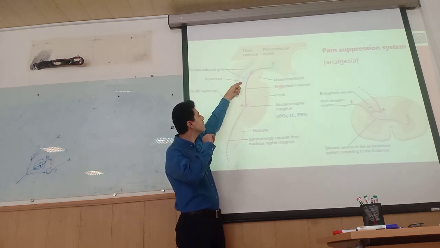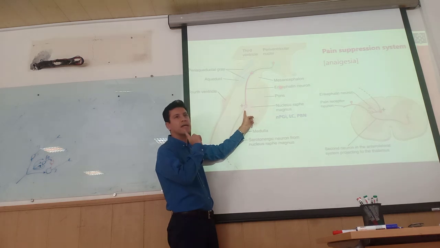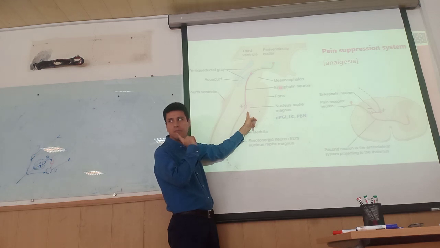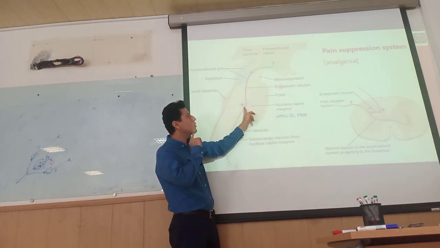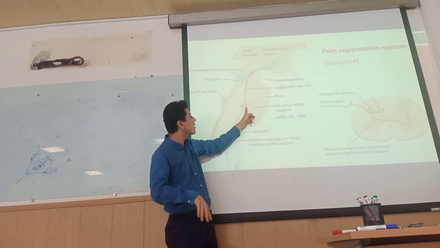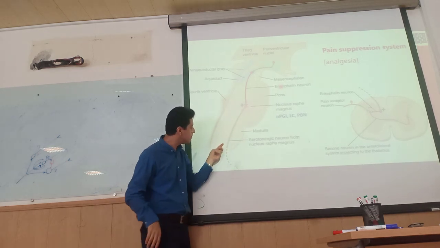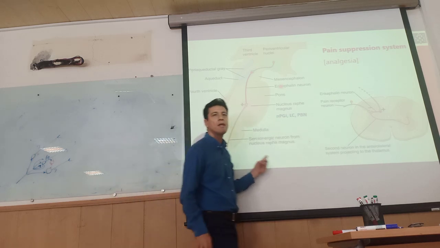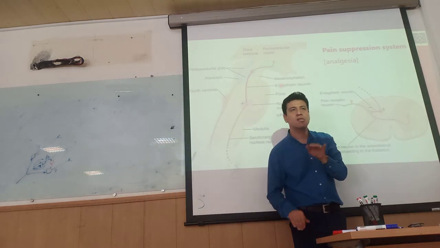From here we have neurons that go to the nucleus raphe magnus. It's a serotonergic nucleus, right? Neurons here release serotonin. Where do they go? They go down to the medulla, spinal cord. They go to different levels of the spinal cord.